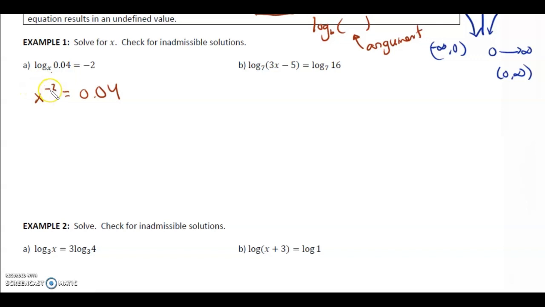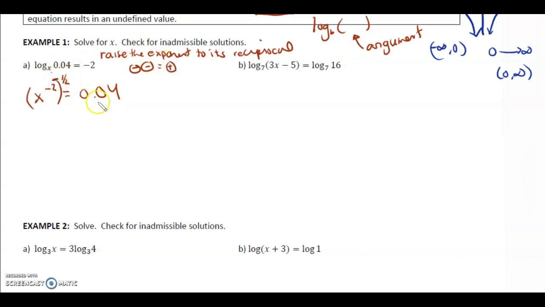To solve for x, we have to get this negative 2 out of the exponent. In order to do that, we raise both sides to the reciprocal of the exponent. Instead of 2, we're going to use 1/2. Also, if we have a negative in the exponent, we want to get rid of that, and don't forget, a negative times a negative number yields a positive number.